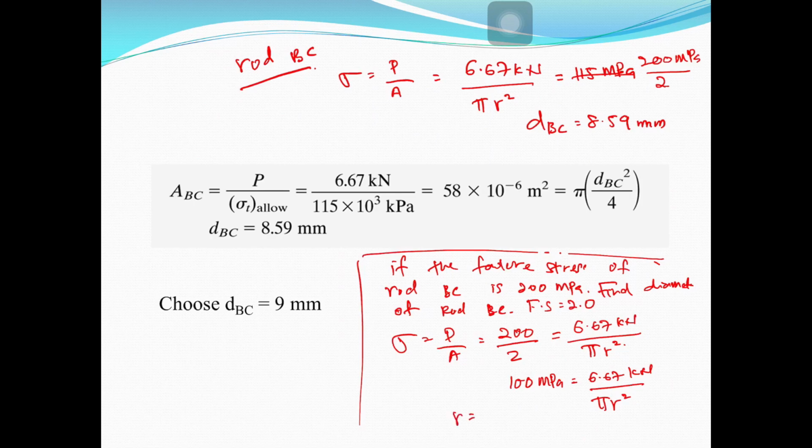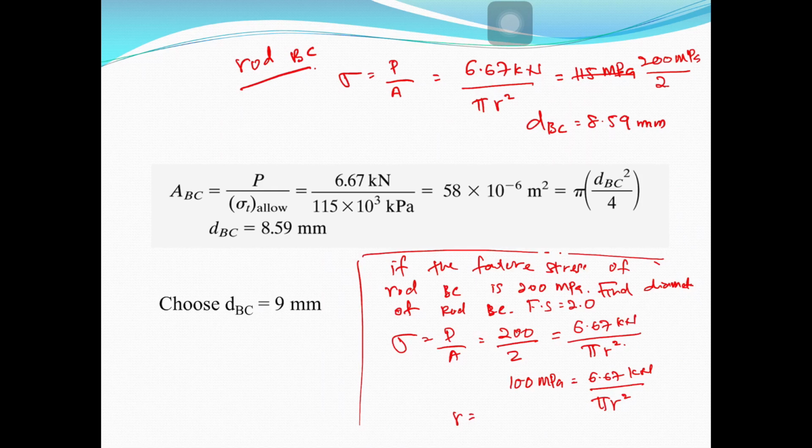So you get the r, which is 100 E6 times shift pi over 6670, and then you square root.